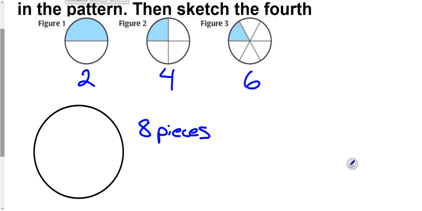And then there's also some shading. In the first one, it was shaded on top. Second one, it's shaded top left. Third one is shaded top left. By that pattern, we probably need to be shading at least above the halfway line and on the left of these 8 pieces. So we also need to shade 1 piece shaded on the left side.